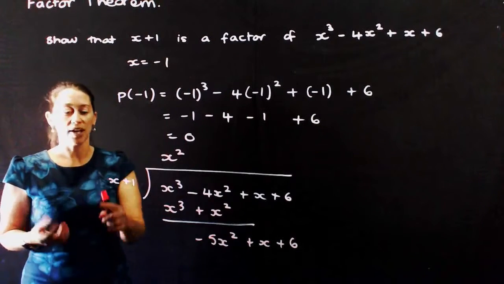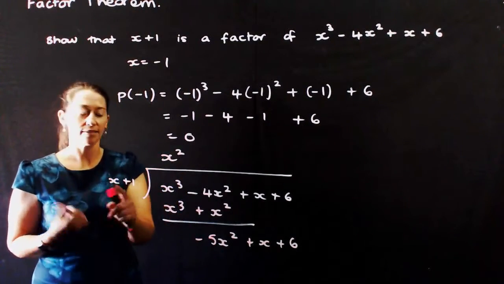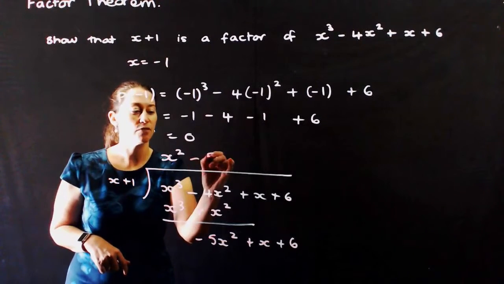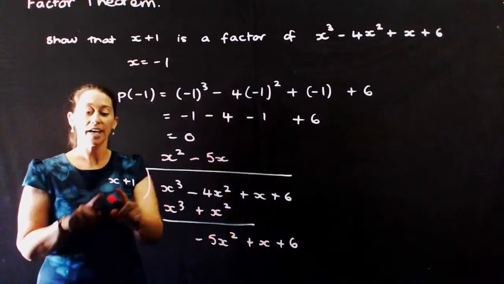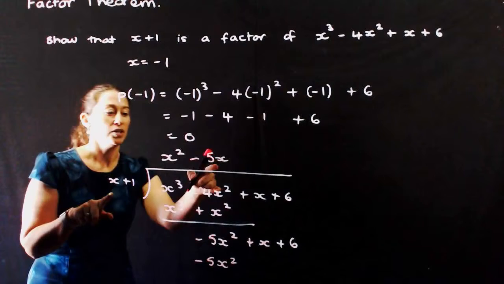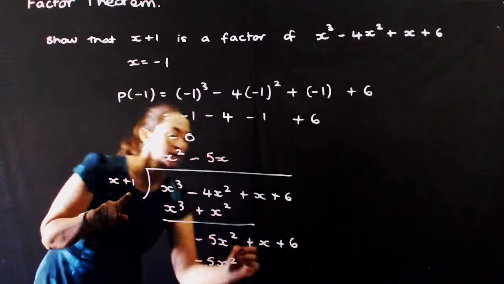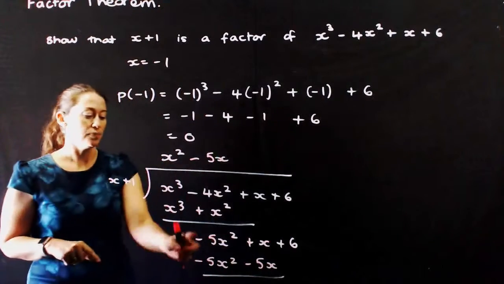Next, we do the division by x again. Can we divide minus 5x squared by x? Yes, we can. We get minus 5x. Then we do the multiplication. Minus 5x times x is minus 5x squared. Minus 5x times 1 is just minus 5x. And we do our subtraction.